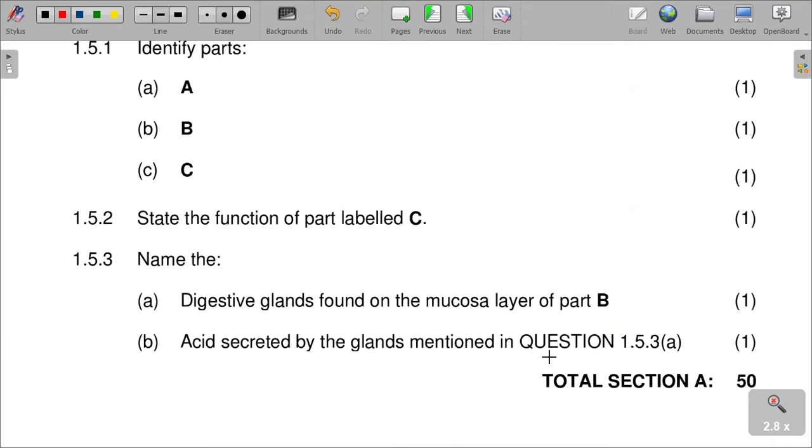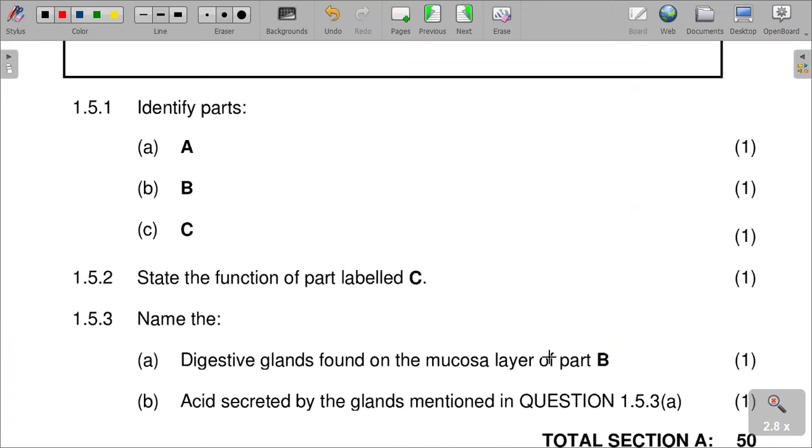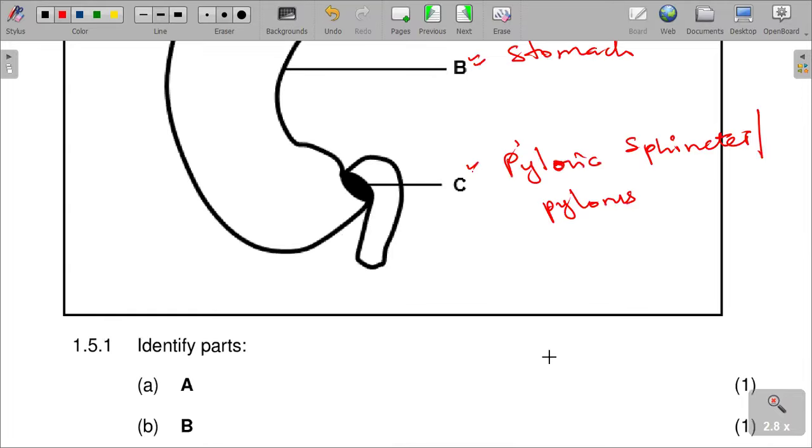State the function of letter C. The pyloric sphincter, what is it doing? Actually, it controls the movement of chyme from the stomach to the intestine. It controls the movement of the chyme from the stomach to the small intestine.